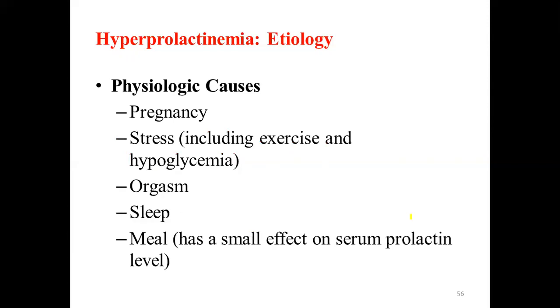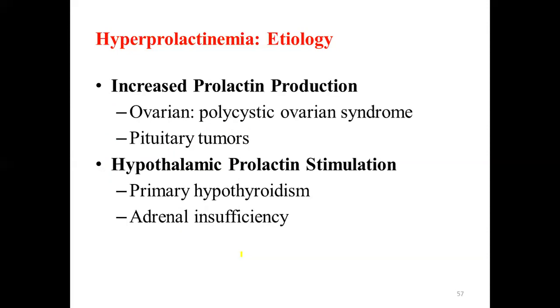The probability of a high physiological prolactin level is very high during these conditions. Because of the effect of food on the serum prolactin level, the best time to measure the serum prolactin level is usually after fasting for 8 hours. That is a general recommendation.